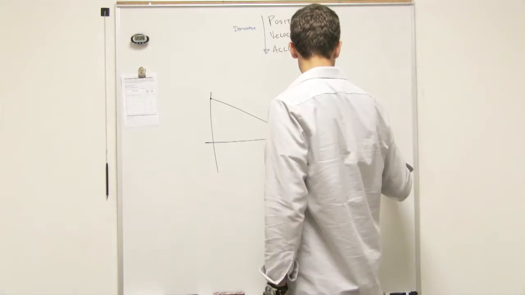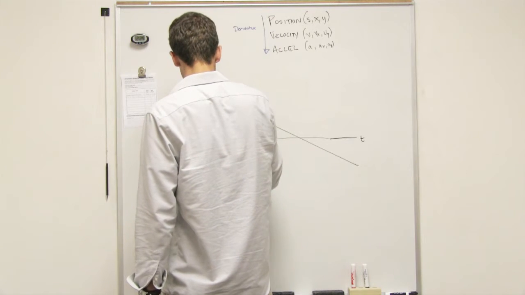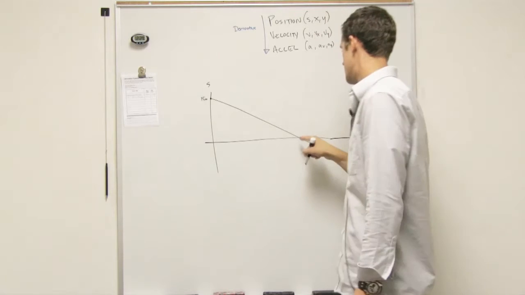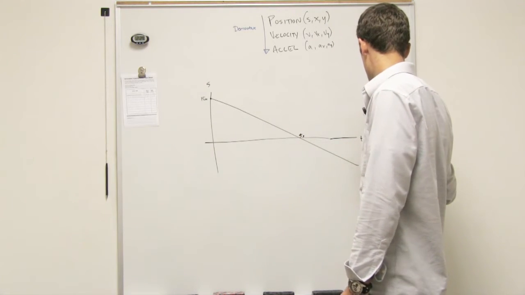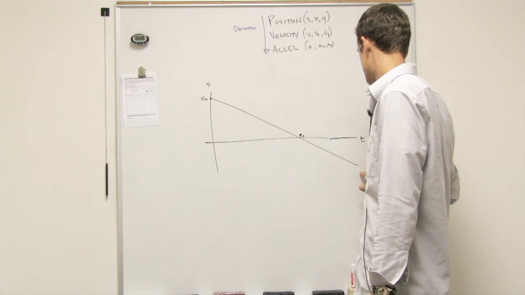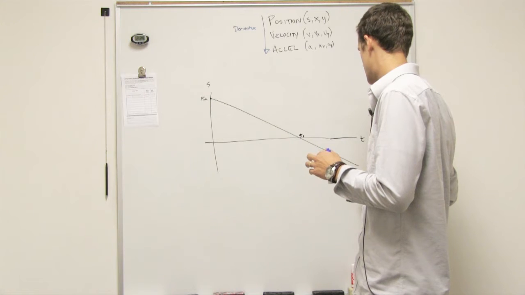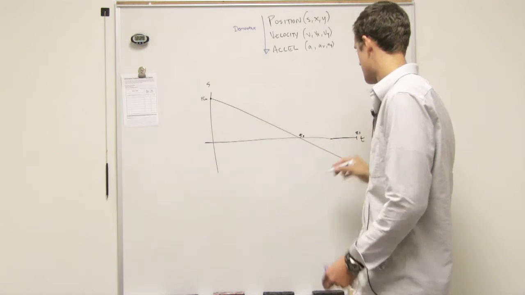Let's say this is time, this is position. Let's call this 15 meters, 5 seconds, negative 9 meters, 8 seconds.